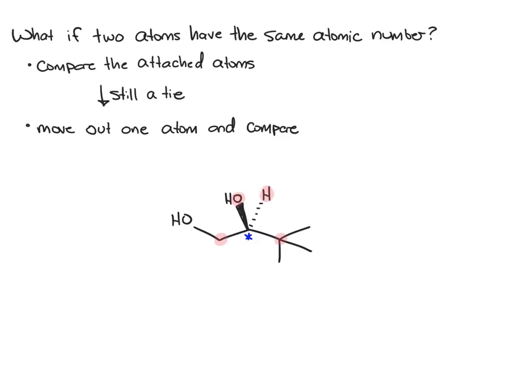So with this one, the 4 atoms directly attached to the chiral center are an oxygen, a hydrogen, a carbon, and we'll say carbon A, and carbon B. Now, based on atomic numbers, you can go ahead and say that the oxygen will be priority 1, the hydrogen will be priority 4.